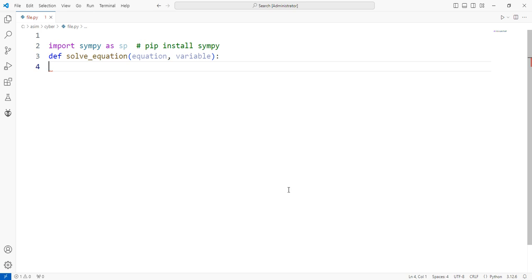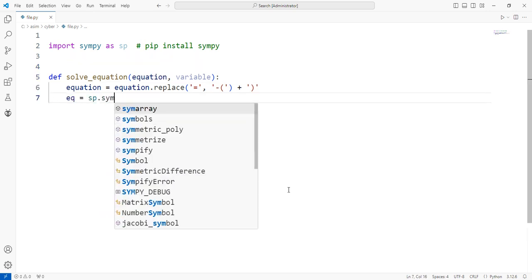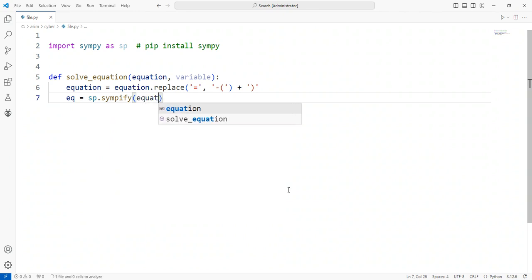Pass the input string as a symbolic expression and rewrite it into an equation form. Solve the equation for the given variable.